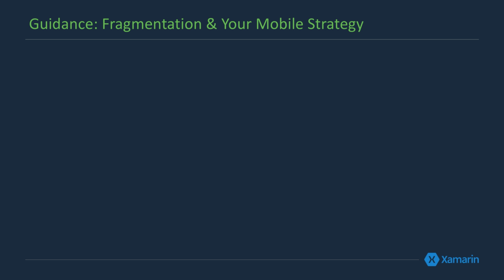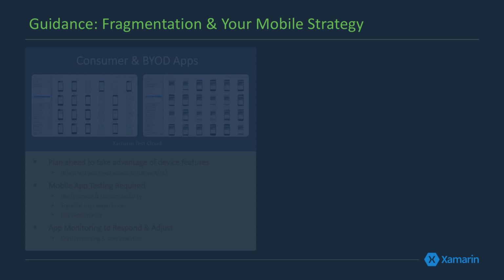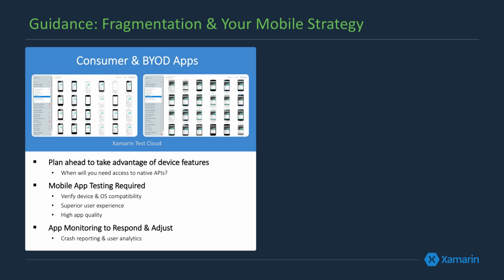So when you think about building your mobile apps, either supporting cross-platform or even if you're only supporting Apple, you need to think about fragmentation, device diversification, and which devices you plan on supporting. So plan ahead and think about when you are going to need access to the native APIs.